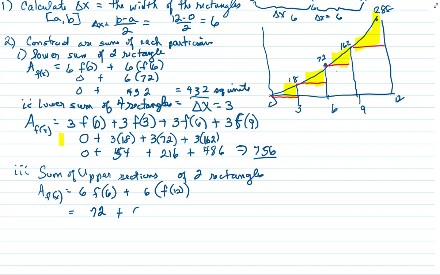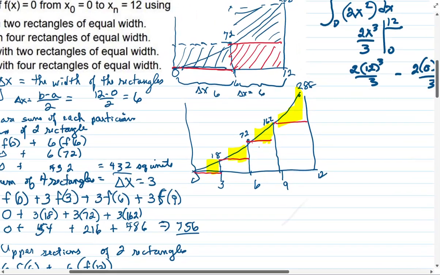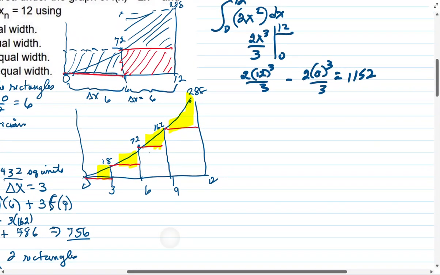On 6 times this guy, which is 6 times the 288, we're going to have a big number. What do we have? 1,000. So this one is over, as we knew it would be.